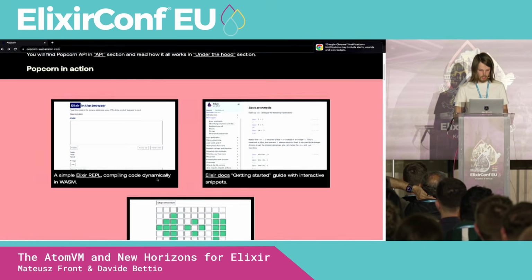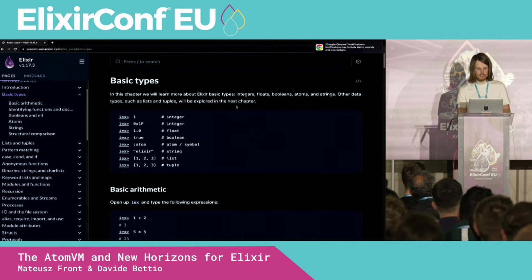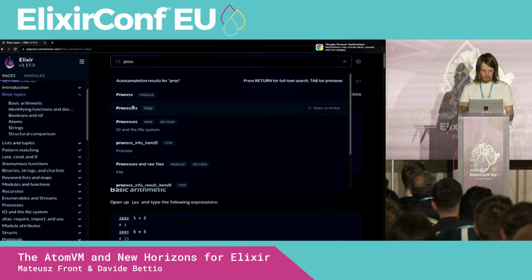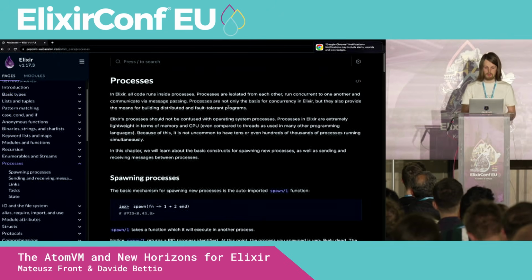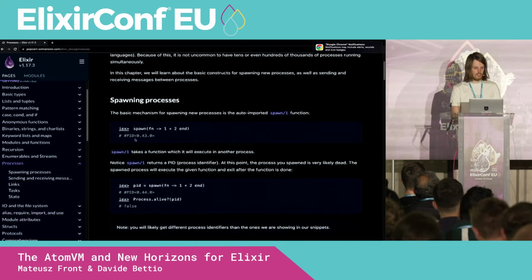Another example we have is an Elixir docs webpage, but it's changed a little bit. Let me go to processes, because that's interesting. This is basically the Elixir getting started guide. And it has a little change: the IEx prompt here is underlined.